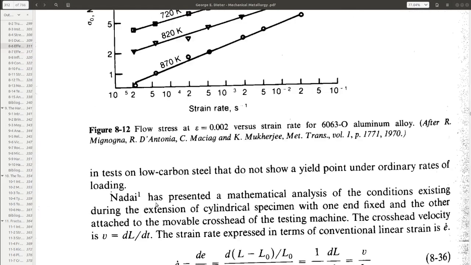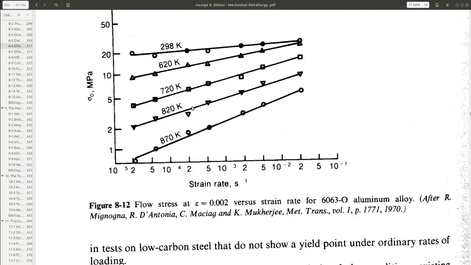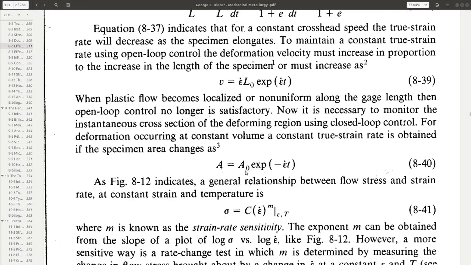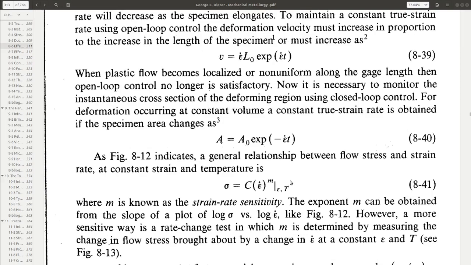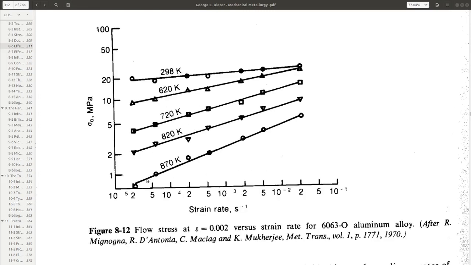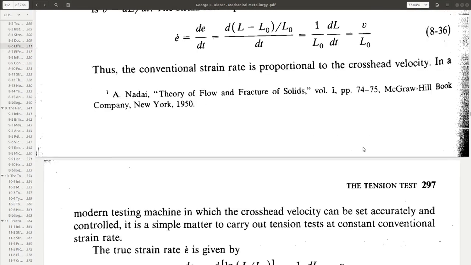Now from this picture, the relation between sigma naught and the strain rate is given by this. That is easy to understand because in a log plot, if you observe a straight line, then the relation between these two quantities will be in the form of a power law.